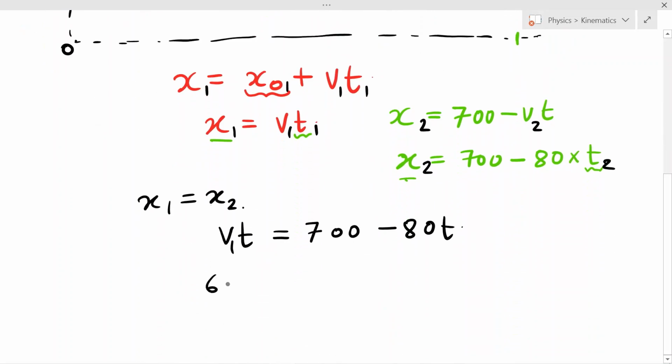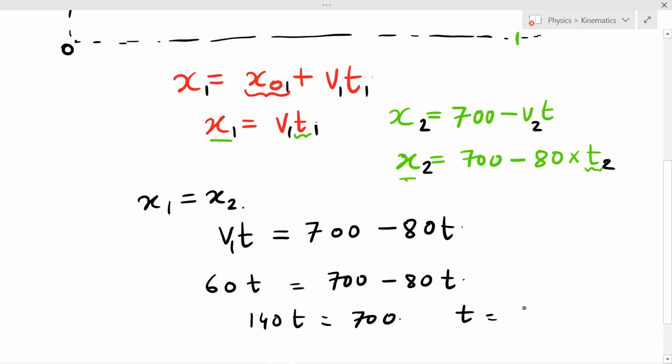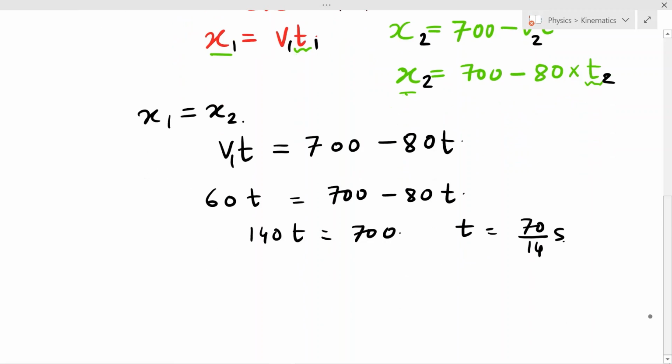So this is 60 times t is equal to 700 minus 80 t. So this will get over here. This will be 140 times t is equal to 700. So t becomes 70 divided by 14 seconds. Now this will be 2 and this will be 5. So this will be 5 seconds.